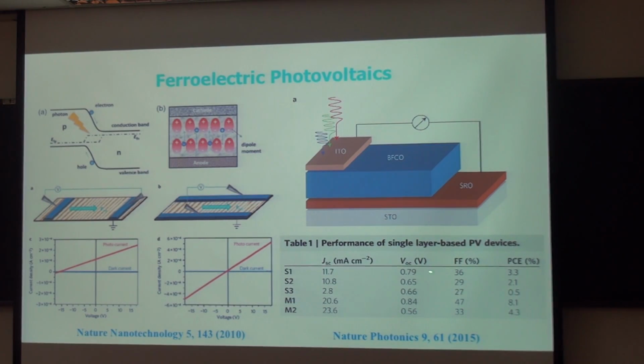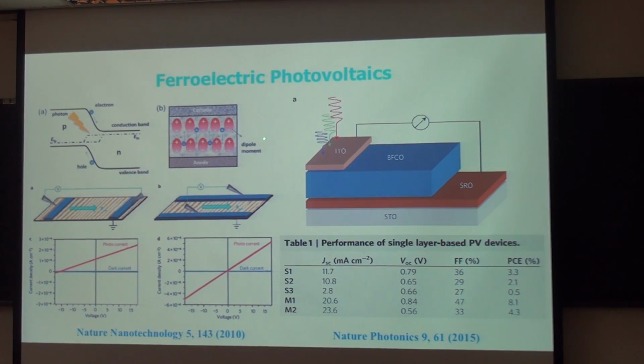For ferroelectric materials, a very large output voltage has been found experimentally. This is due to the spontaneous ferroelectric polarization developed in this material. This picture shows a conventional solar cell based on a p-n junction of a semiconductor, where the electrons and holes are separated by the intrinsic electric field in the p-n junction.